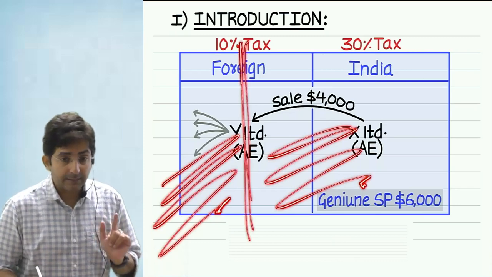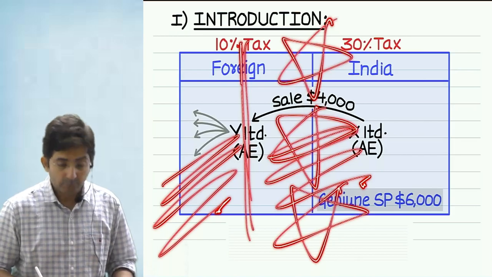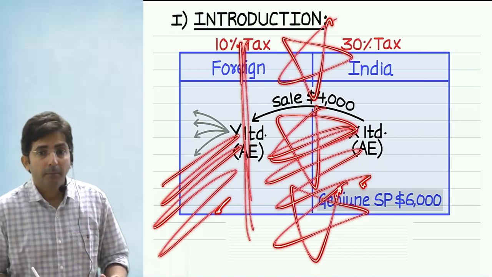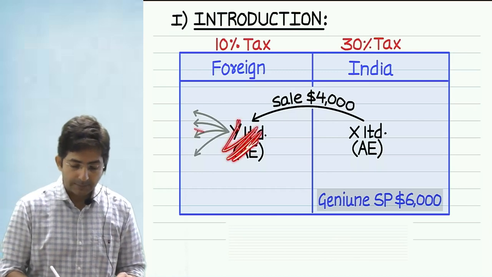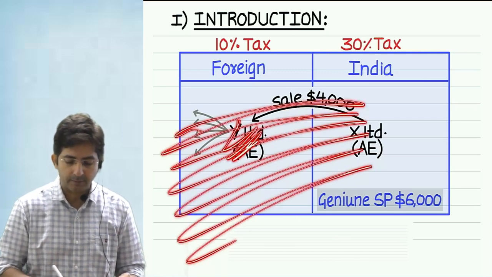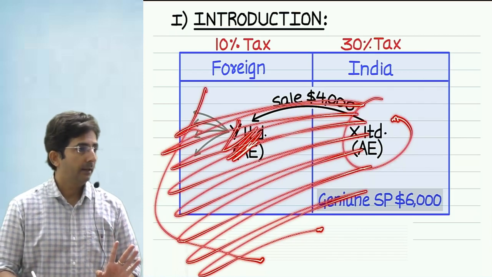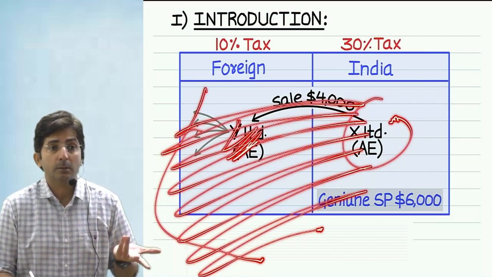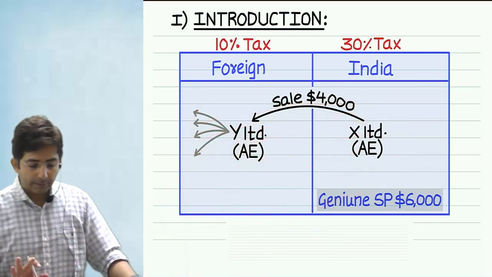When there is a separation, I will be responsible only for this sale, which I can easily manipulate. But that separation is not possible if there is a branch, because it is just treated as one single sale. Every sale will come in the name of X Limited, and that sale to the ultimate customer is at full price. Manipulation doesn't work.